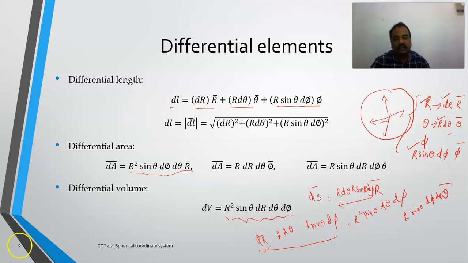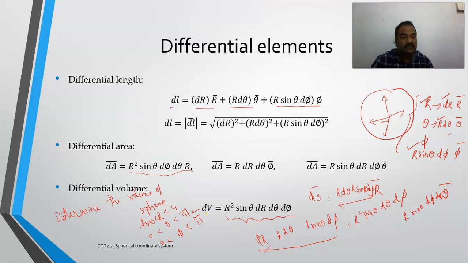Now let us see, if I want to determine the volume of a sphere where R varies from 0 to 4, theta varies from 0 to pi by 2, and phi varies from 0 to pi.